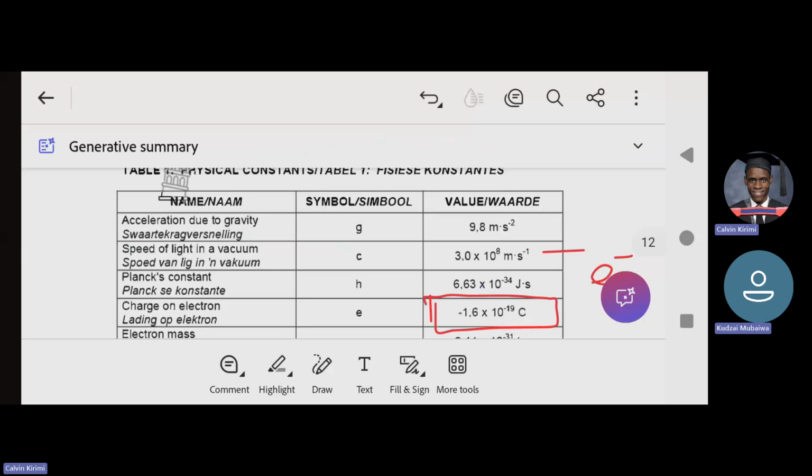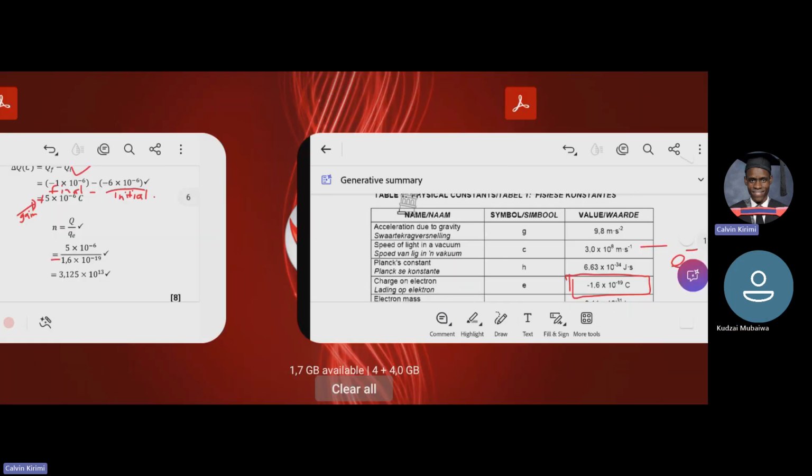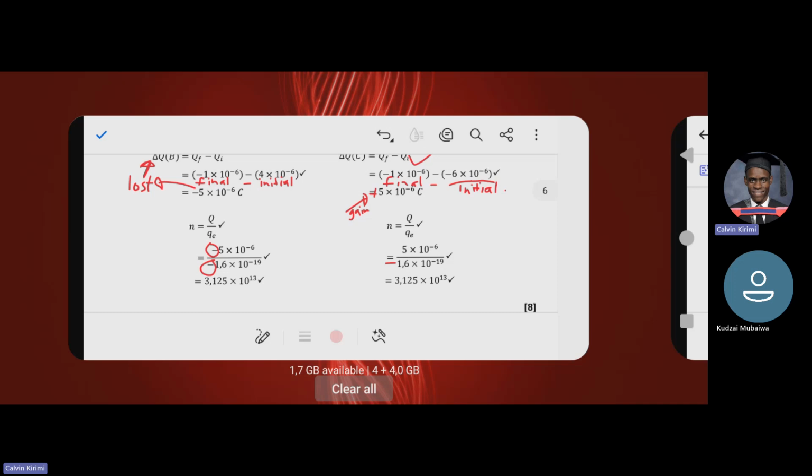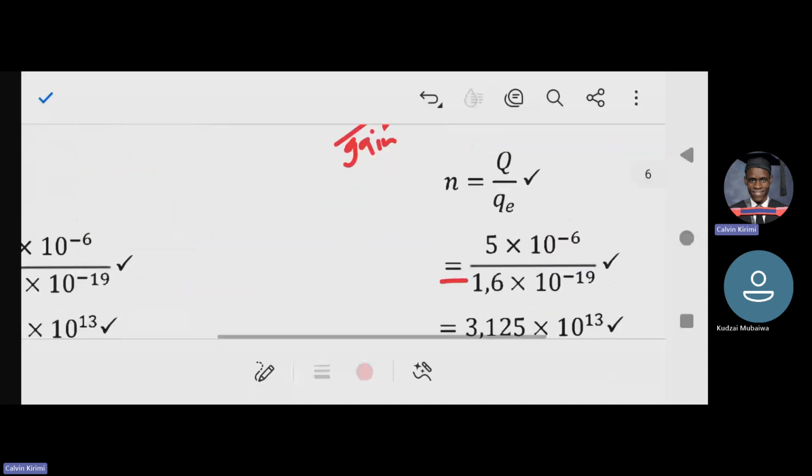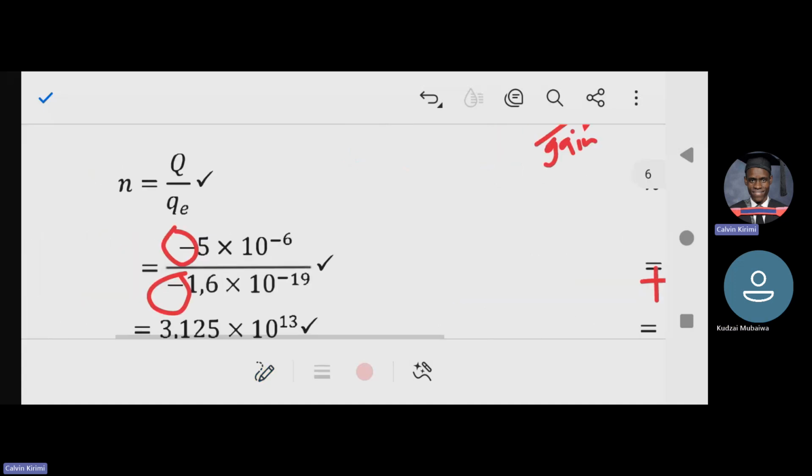Can you see it there on the formula? Yes, sir. But here they did not put the negative, because the gain there was positive. So never put a negative on the top and a positive on the bottom. Always there must be positive, or there must be negative, so that you can cancel out.